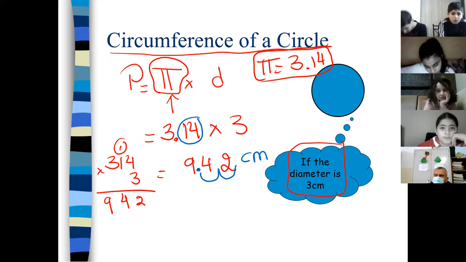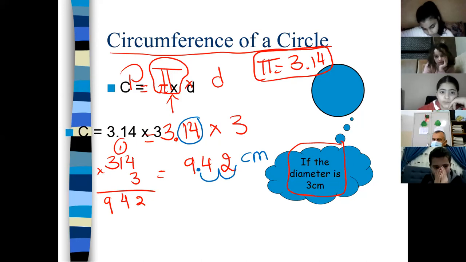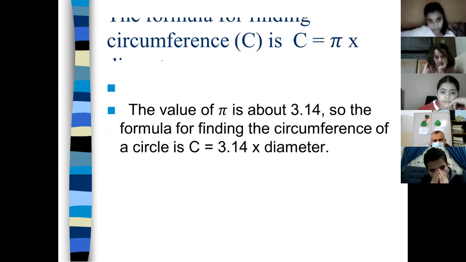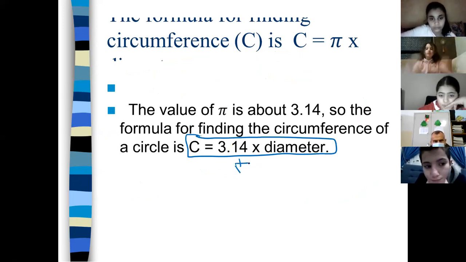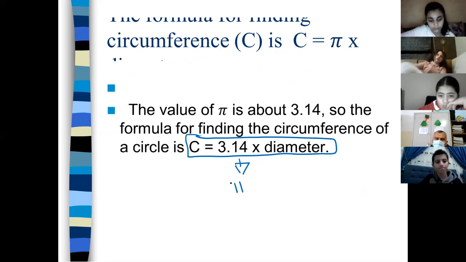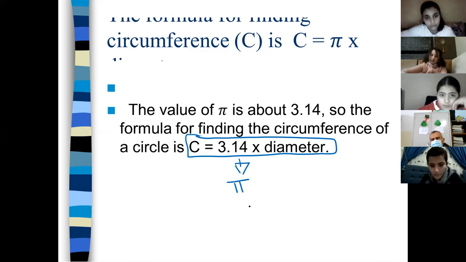What does pi equal, Ayman? 3.14. Excellent. So the circumference of a circle, or the parameter, we multiply 3.14 by the diameter. 3.14 is a constant number that we called pi. So pi times d.